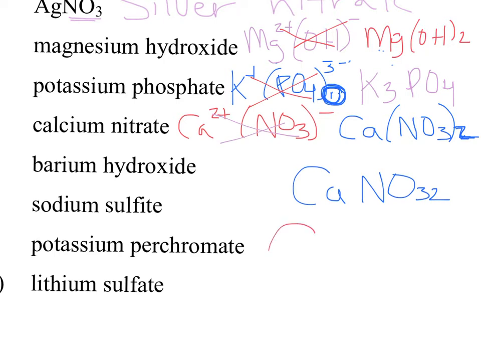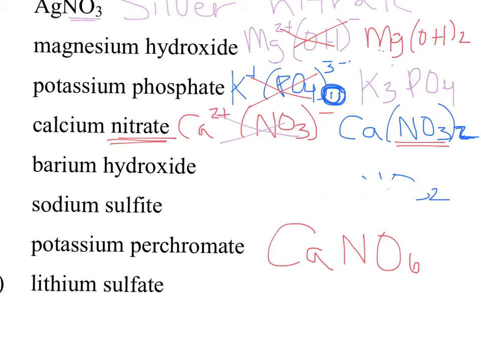Or this is the absolute wrong thing to do: CaNO6. Do not ever multiply those because, again, nitrate's name must go with its formula, and the formula is NO3. You can't change it when it says specifically nitrate. You must keep the NO3 together. Okay? All right, so let me erase this so we can move on to the next grouping.